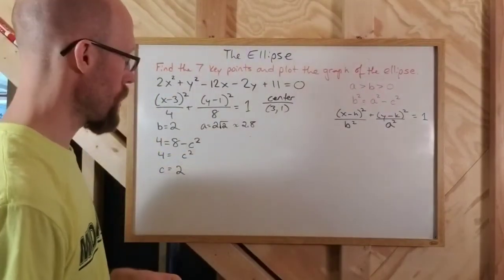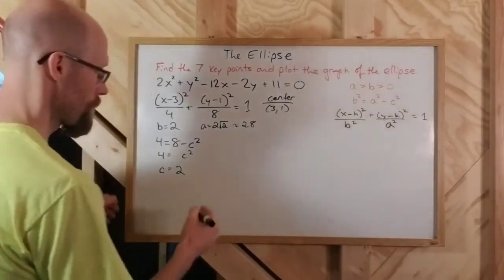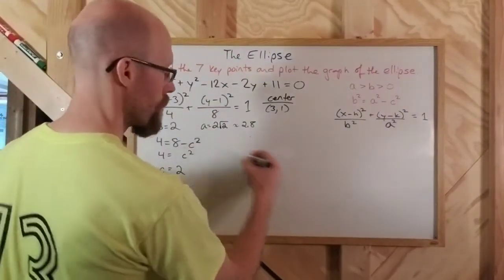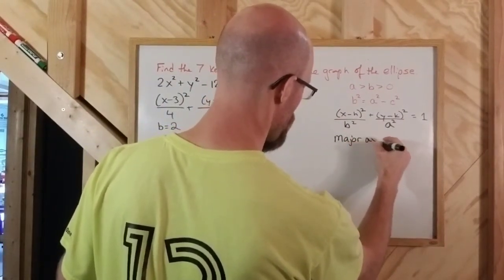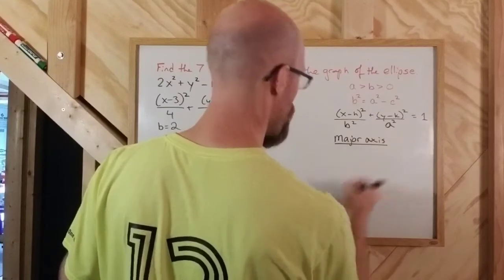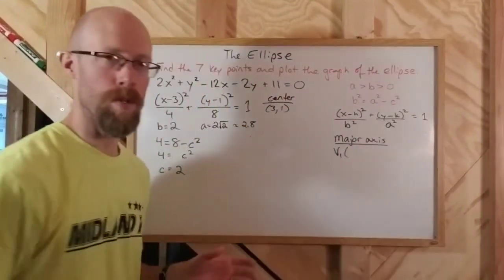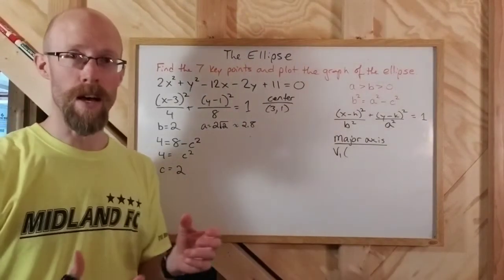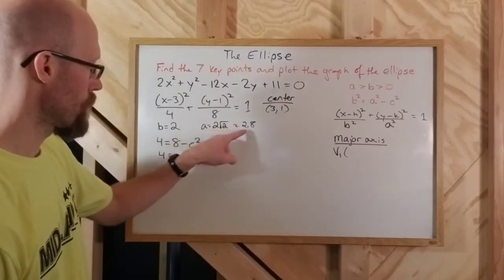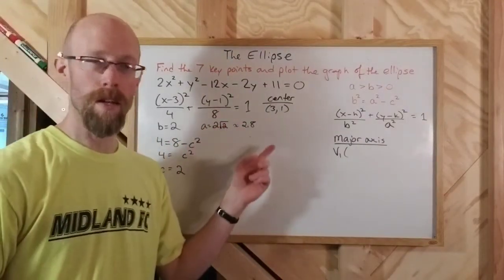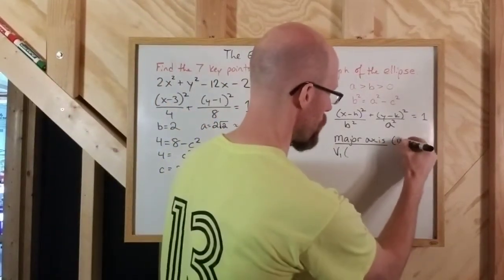So let's go with the vertices first. Okay, so vertex 1. Let's go with a major axis. Along the major axis, we have vertex 1. Now remember, what we do is we look at the a value. The a value for the vertex is 2.8, right, square root of 8, and that's going to be in the y direction, so vertical.